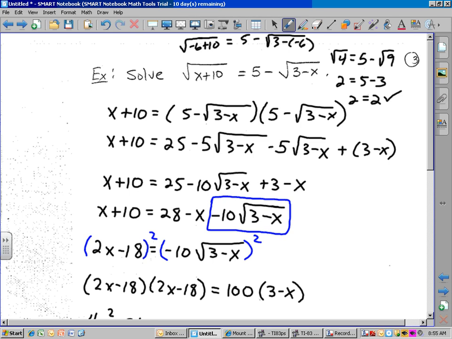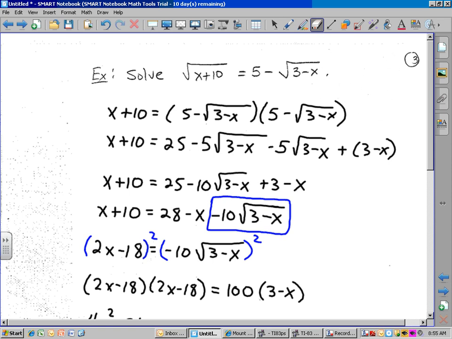We're going to do the same thing with negative 1. We'll start over. Square root of negative 1 plus 10, 5 minus the square root of 3 minus negative 1. On the left, we get the square root of 9.